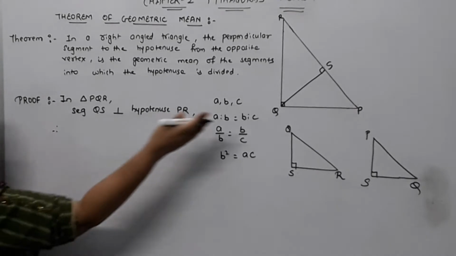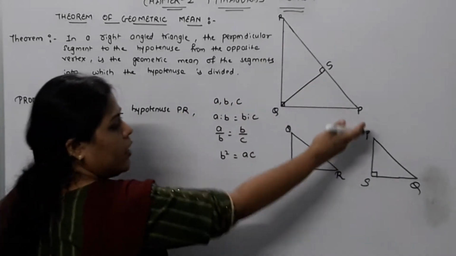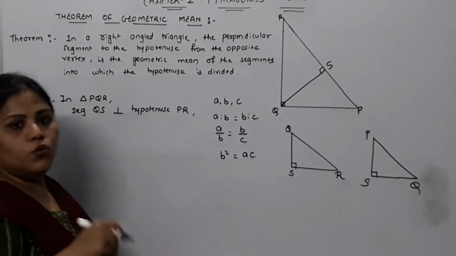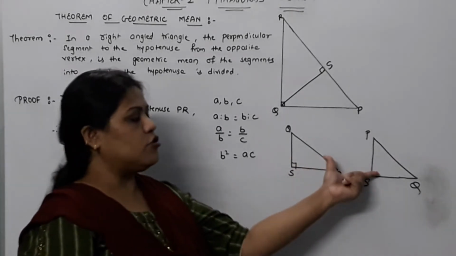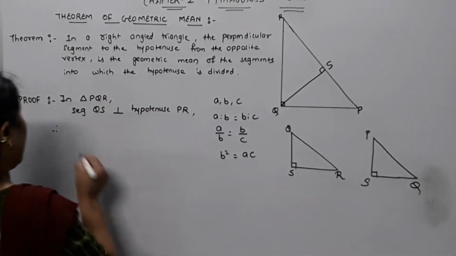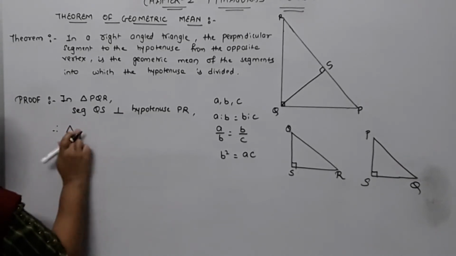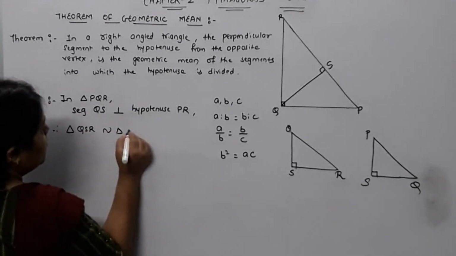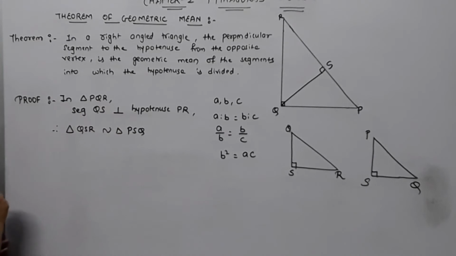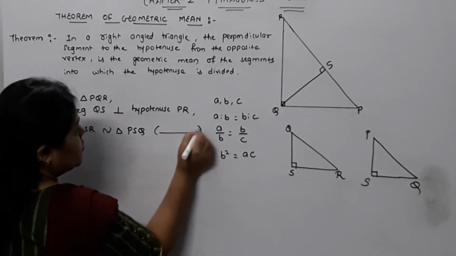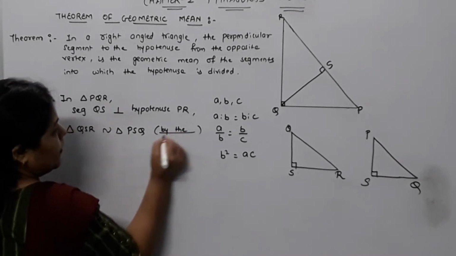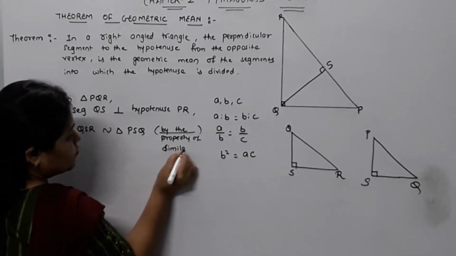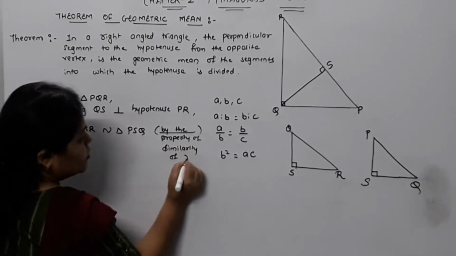In triangle PQR, QS is perpendicular to hypotenuse PR. Therefore, the two triangles so formed, that is QSR and PSQ, are similar. How? By the property of similarity of two right angle triangles, we can say that these two triangles are similar. So we'll write that triangle QSR is similar to triangle PSQ, by the property of similarity of right angled triangles.